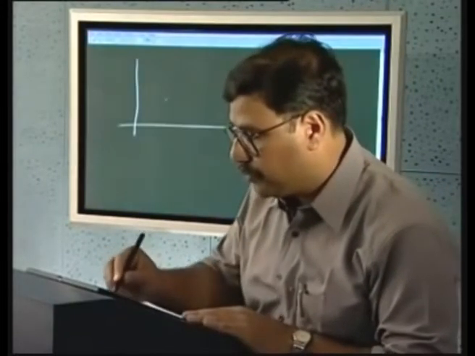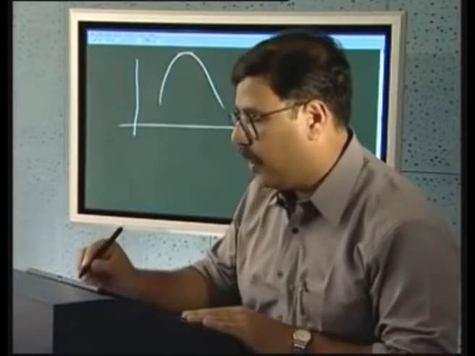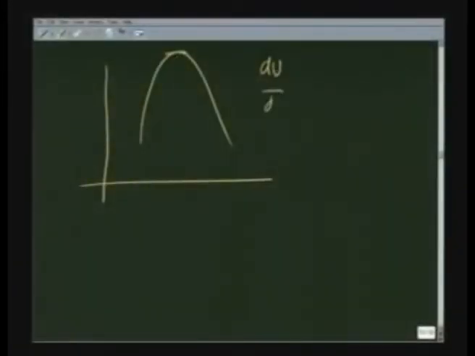Let us start with the maximum of the potential energy, where I had du/dx equals 0 and d²u/dx² less than 0.